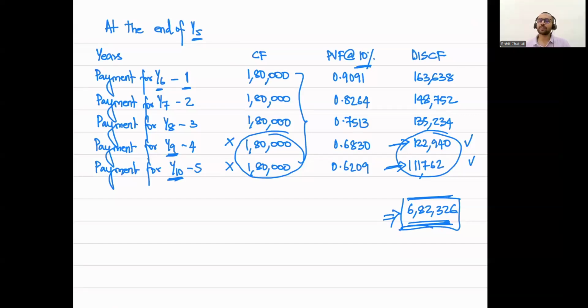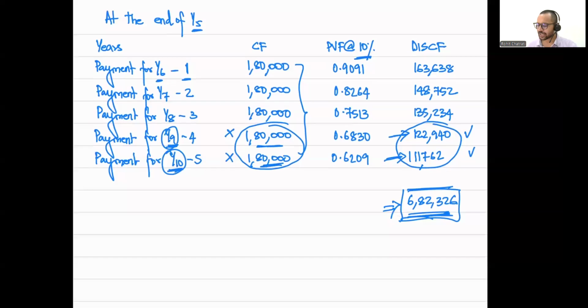From this carrying amount of 6,82,000, I will be derecognizing the present value of the 1,80,000 that is payable for years 9 and 10, because as a result of this modification, I no longer have to pay that 1,80,000. So I'm going to derecognize the present value of the 1,80,000 which was required to be paid at the end of year 9 and year 10.